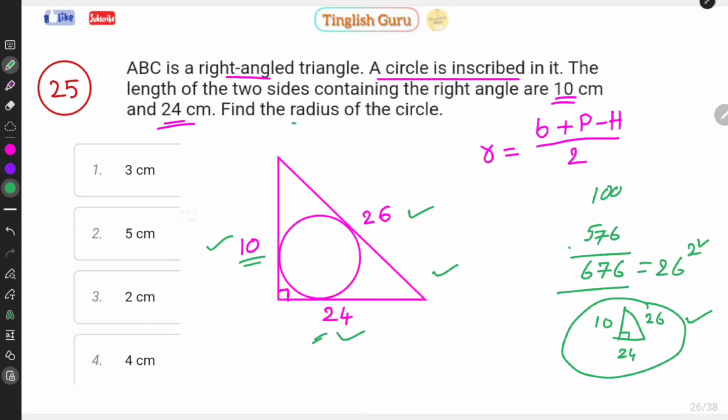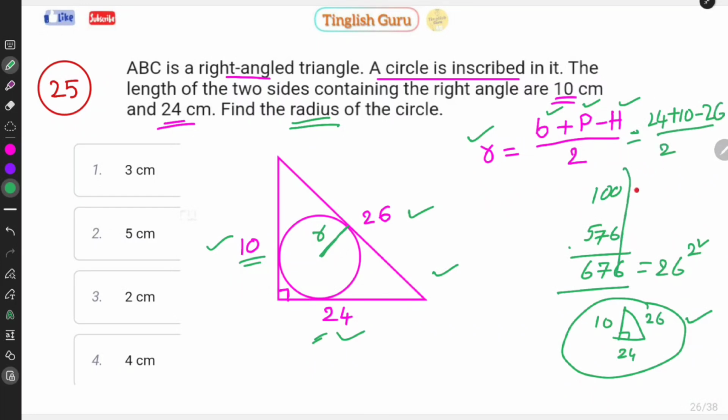In the question, we are asked to find the radius of this circle. So this circle is inside, so the radius will be inradius. The formula for inradius is small r is equal to base plus perpendicular minus hypotenuse divided by 2. What is the base? 24 plus perpendicular is 10 minus hypotenuse is 26 divided by 2.